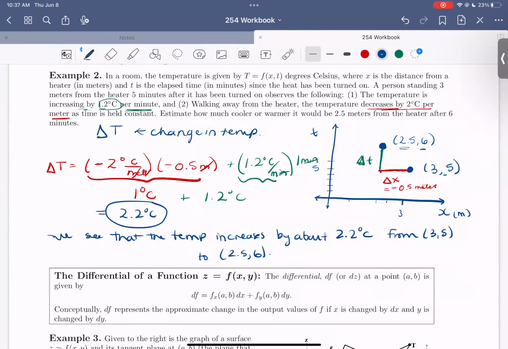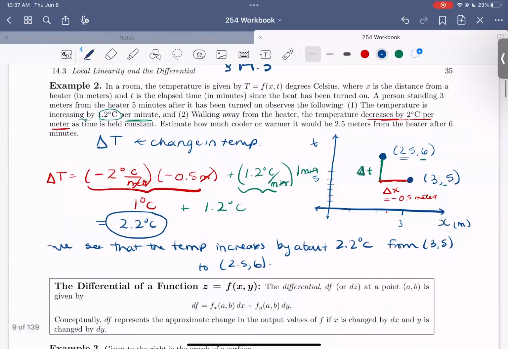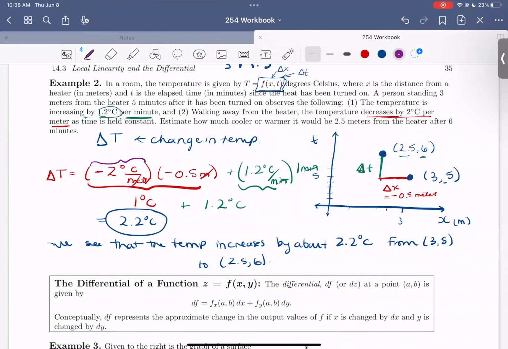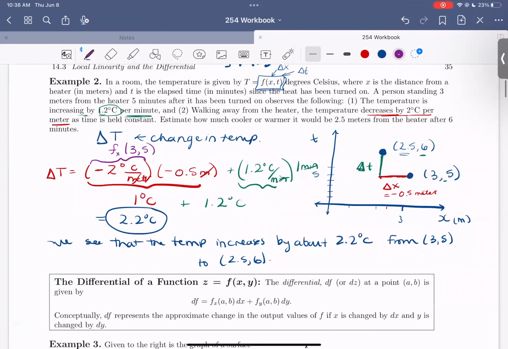So what we just did was compute how our function f changed as we changed x a certain amount and t a certain amount. This process can actually be done more generally. One thing to note is what we're actually computing here. This -2 degrees Celsius per meter is the way that f changes with respect to x at (3, 5). And this 1.2 rate tells us how f changes in the t direction at (3, 5).